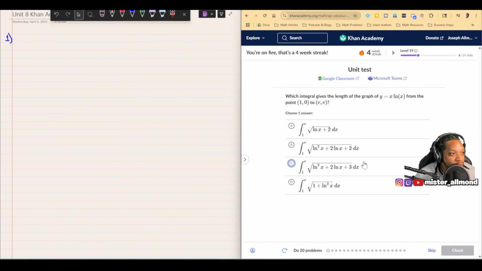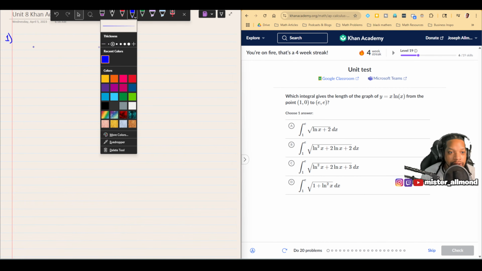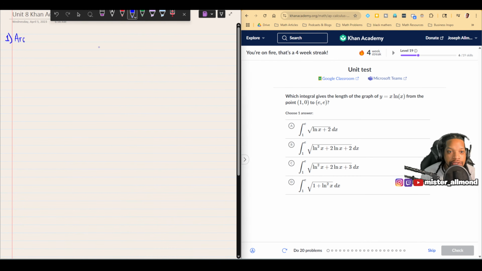Okay. So this question, it looks like it's talking about the length of a graph, so arc length. And it's asking which of these gives the length of a graph. So before I do anything for number one, I am just going to choose to write the formula for arc length of any function f of x from a to b.